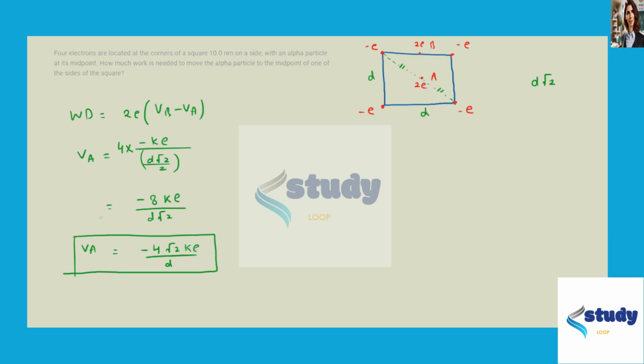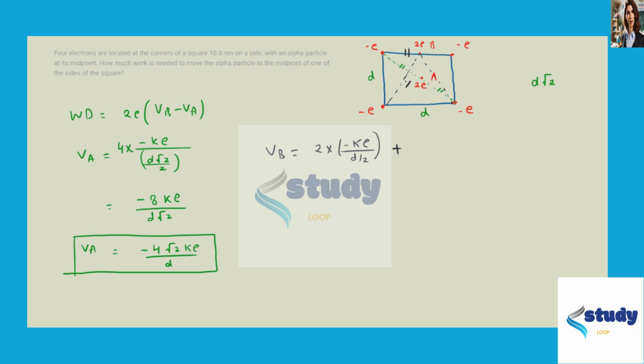We are going to place the value of k and e at last. Then we have to find the potential at B. So the potential at B is going to be due to these two electrons, which will be the same. So that's going to be 2 times minus ke over r, and r is half the length of the square, which is d over 2. Plus we have these other two electrons at a different distance.